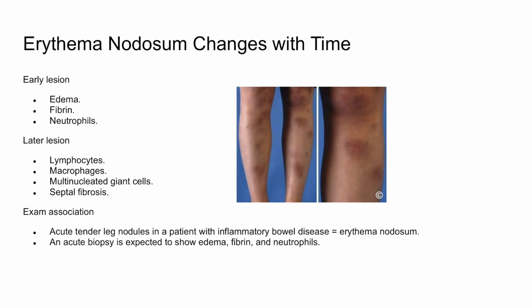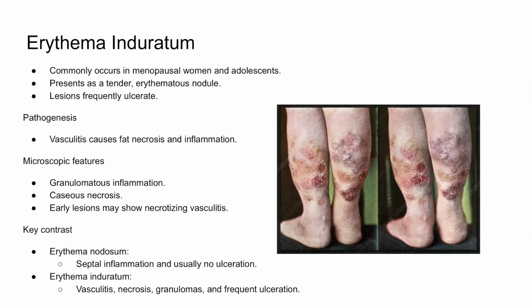Small collections of histiocytes surrounding a central cleft, called Miescher radial granulomas, can support the diagnosis. Despite the changing inflammatory population, the process remains primarily septal and typically lacks destructive vasculitis. This time-dependent pattern is important on exams. An acute tender leg nodule may show edema, fibrin, and neutrophils, while an older lesion may appear more granulomatous and fibrotic.